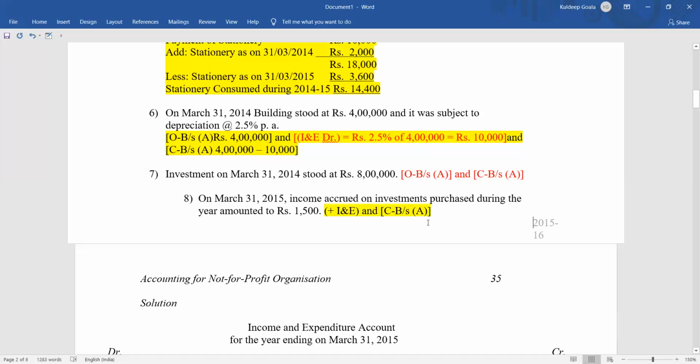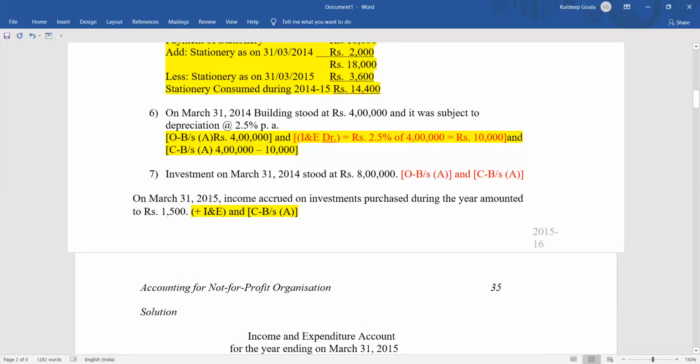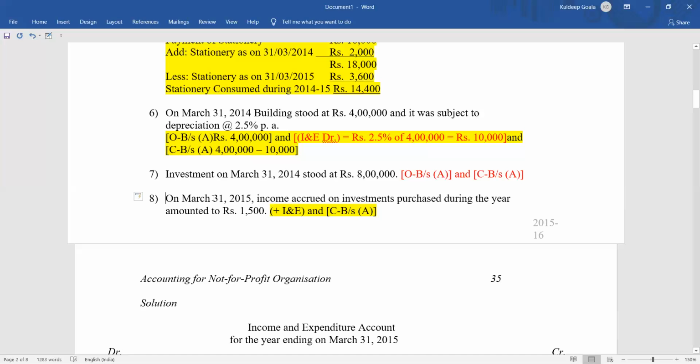Clear? What is told here is that there was an investment, and accrued interest on investment will appear in the income and expenditure account credit side, and it will be added there.